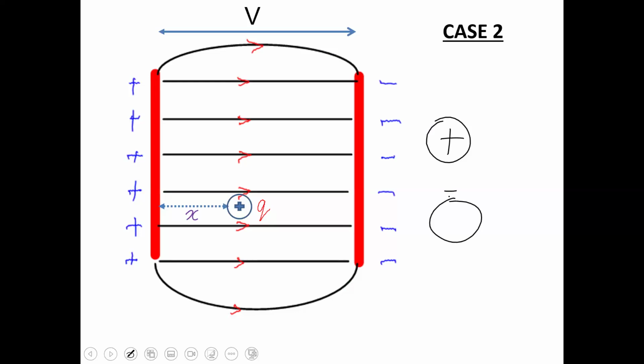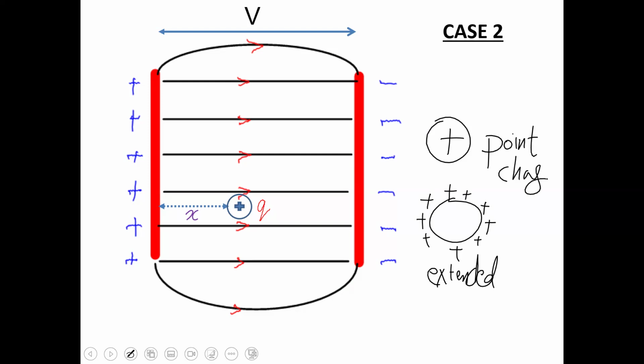If the charge appears like this, it is called an extended charge. So this is a point charge, and this is an extended charge.